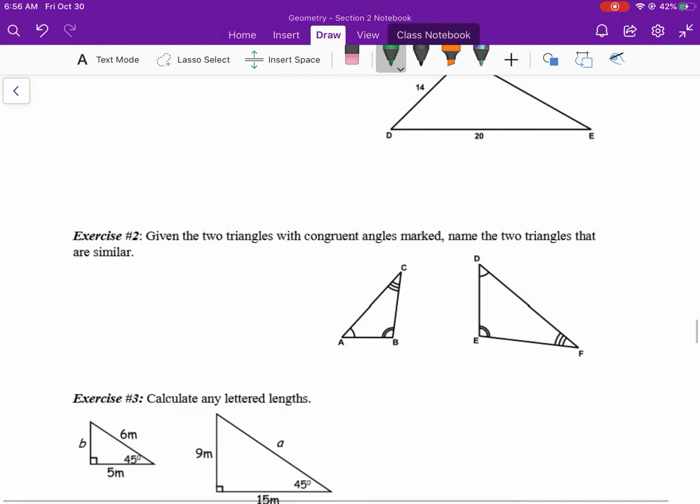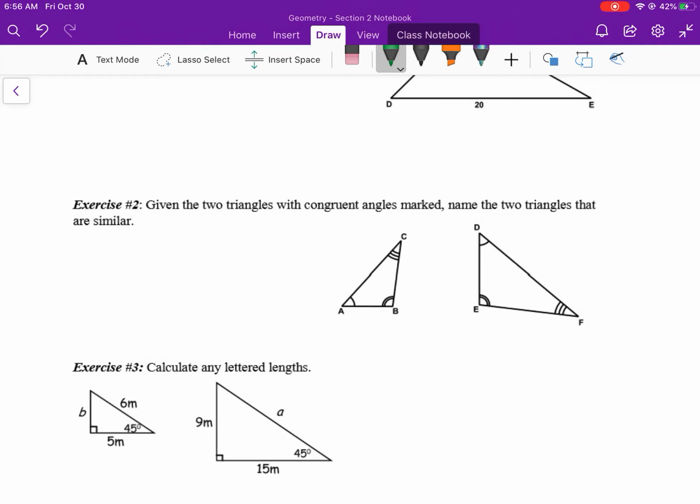So I look down here, I'll go back to that, although we talked about it in class, but I'm going to go back anyway. But I look at this one, and if I call the one on the left triangle ABC is similar to triangle, I have to make sure that when I say A, which angle in the other triangle is the same as angle A, has the same markings as angle A. Well, I notice that angle D does, so D is going to be first because they both have a single mark in them, so that I know they're the same measure.